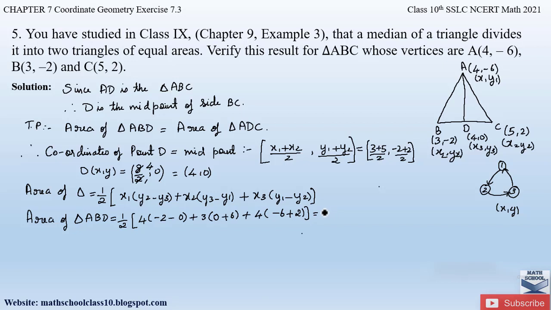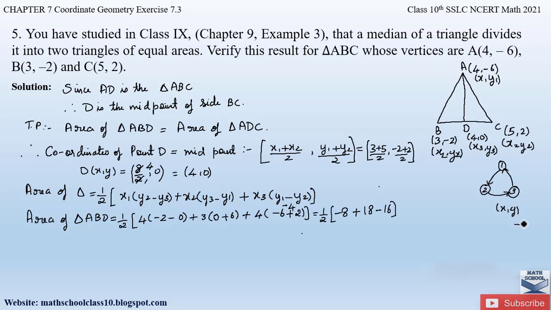So simplifying further, we will have half into 4 minus 2 and minus 0, so this will become 4 into minus 2 is minus 8, plus 0 plus 6 is 6, so 6 into 3 it is 18. And here we have minus 6 and plus 2, so we will subtract with the greater number's sign. So 6 minus 2 is 4, so minus into plus is minus, 4 4s are 16, right?